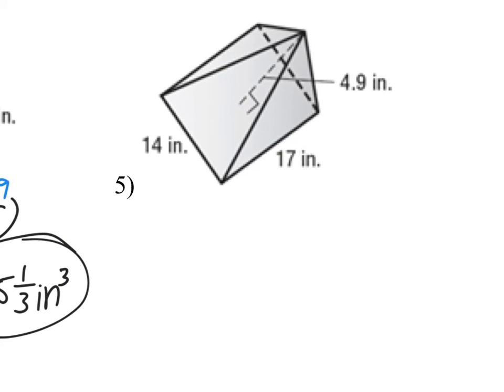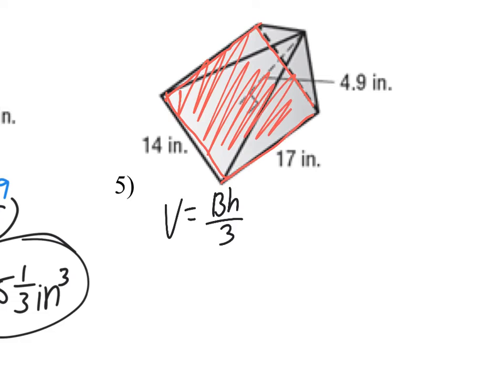All right, next one. Volume equals area of the base times the height divided by 3. Our base on this one is another rectangle. So I've got to find the area of that rectangle right there. To find that area, I have to do base times height. So for area of the base, this thing right here, we are going to do base times height.